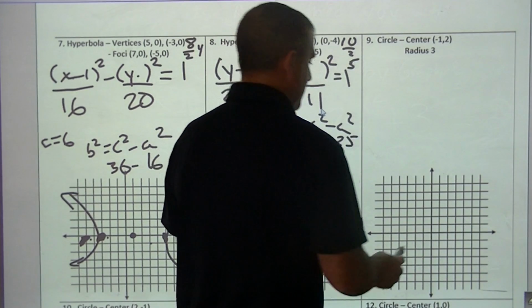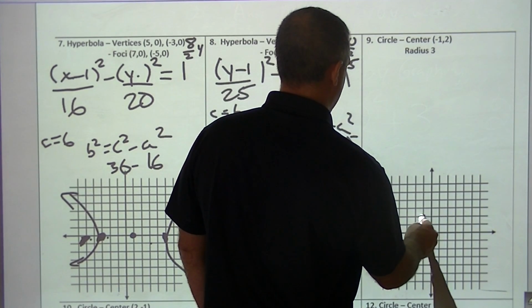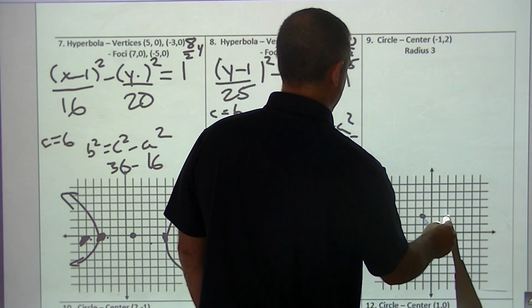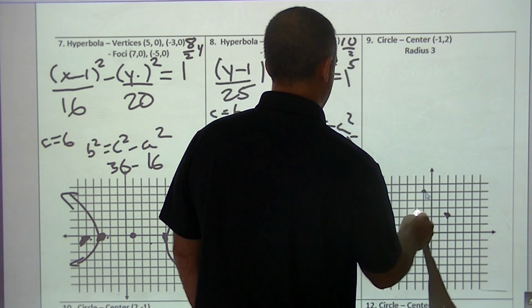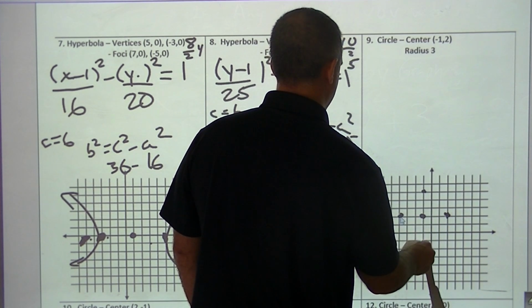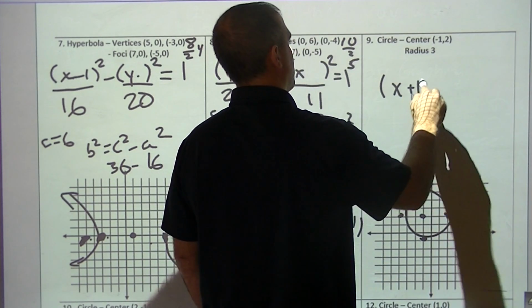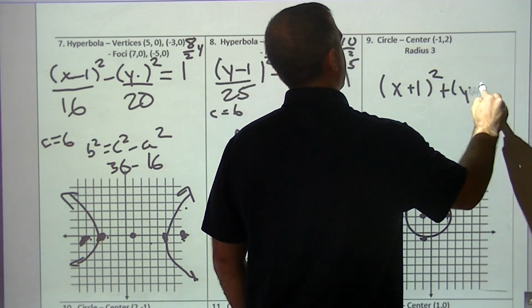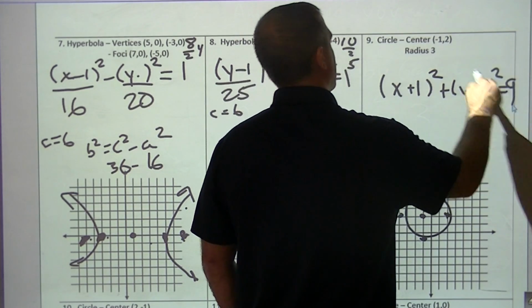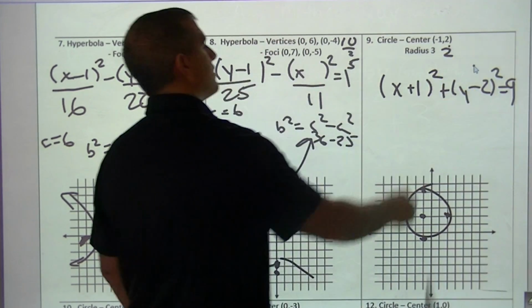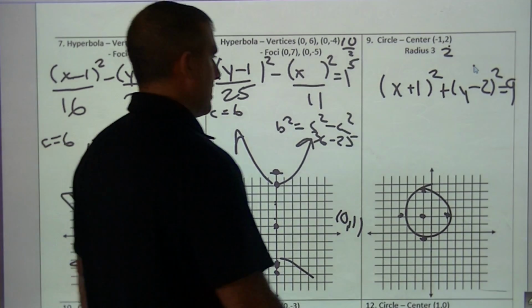The circle's a lot easier. Negative 1, 2 up, and we're going 3 right: 1, 2, 3, 1, 2, 3, 1, 2, 3, 1, 2, and 3. Graphing's easy. The equation will be x plus 1 squared plus y minus 2 squared equals 9. So I'm squaring this number and changing those signs. It's pretty easy.